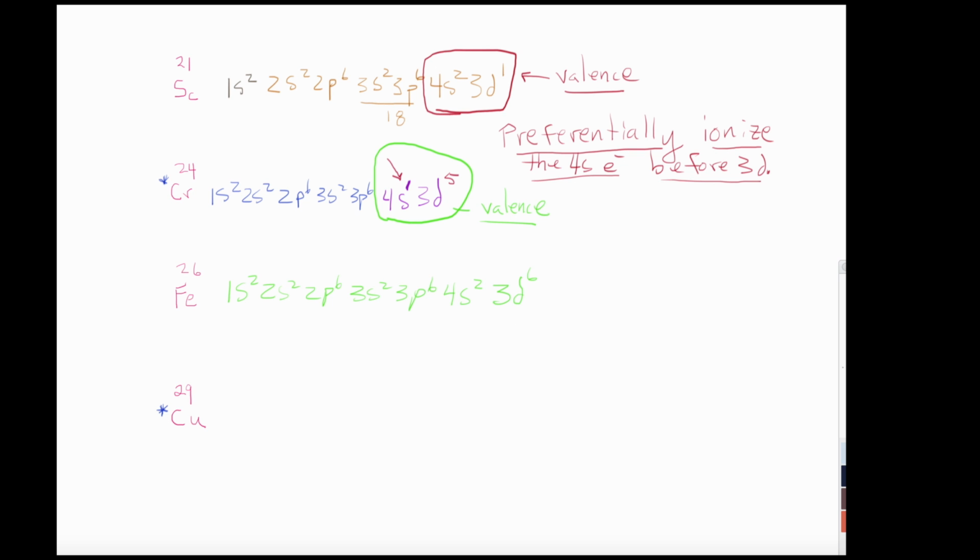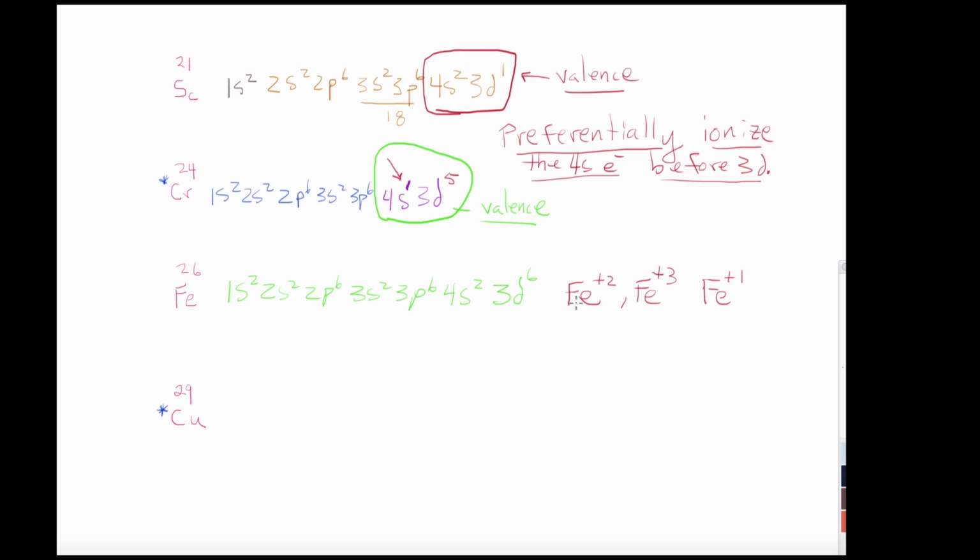Remember that iron readily forms iron 2 and iron 3, and also on rare occasions iron 1, as well as there are other oxidation states.